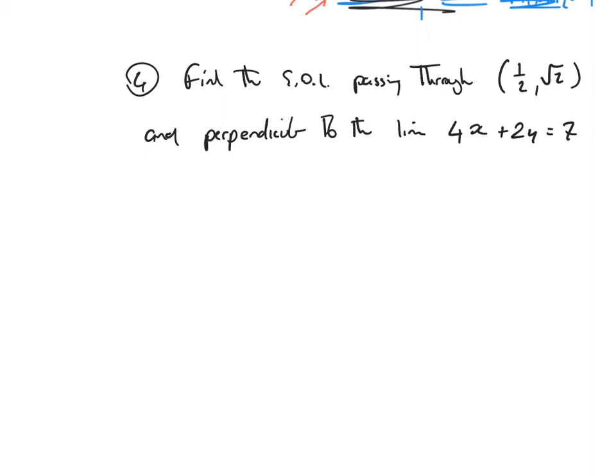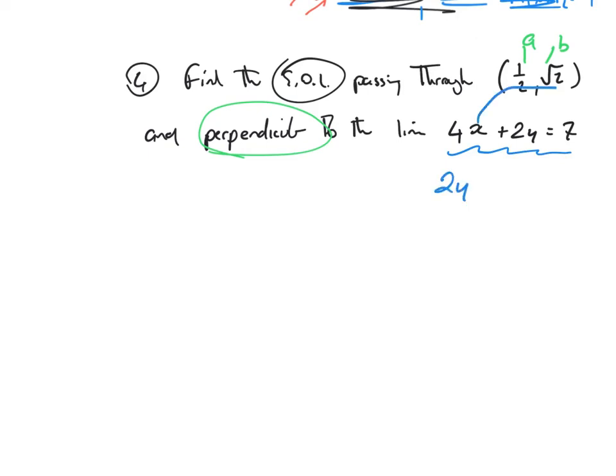I'm looking for the equation of a line, so what do I need? Point and gradient. I've got my point (a, b), and I need to find the gradient. Since the lines are perpendicular, I'll need to think about m1 times m2 equals minus 1, flip and invert, but first I need to extract the gradient from here by writing it in y equals mx plus c.